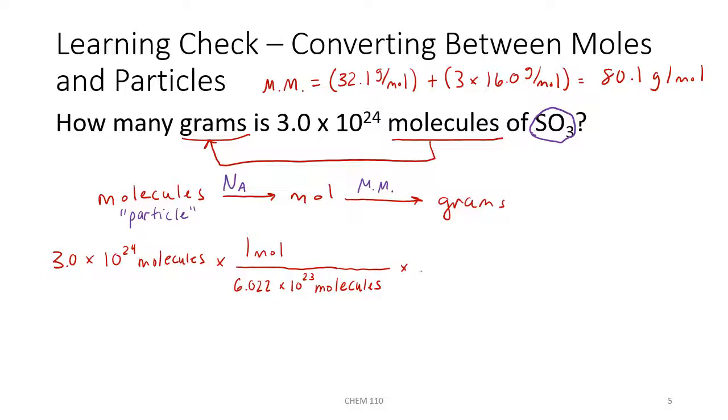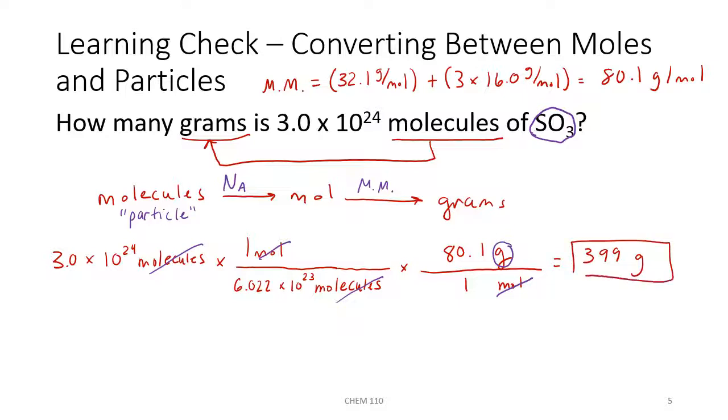And then lastly, we're going to use the molar mass to convert between moles and grams. Our mole is going to have to go in the denominator, and we determined that 1 mole was equal to 80.1 grams for our compound. So our molecules will cancel, our moles will cancel, and we'll be left in units of grams. And we should get about 399 grams of our sulfur trioxide.